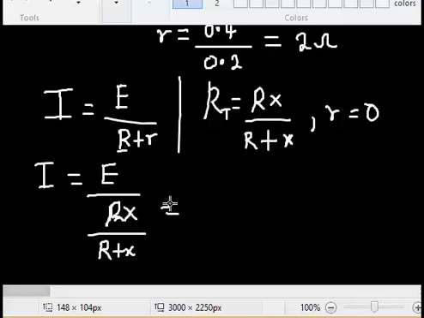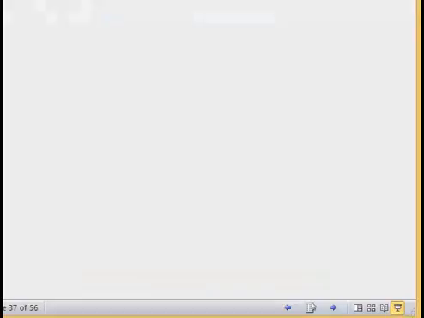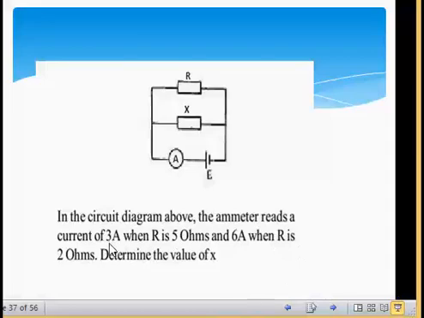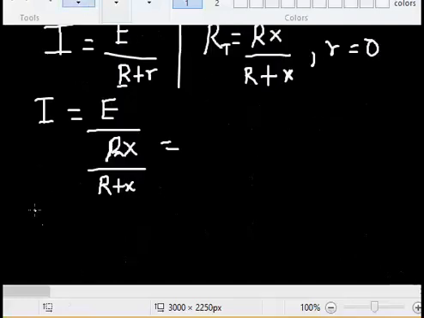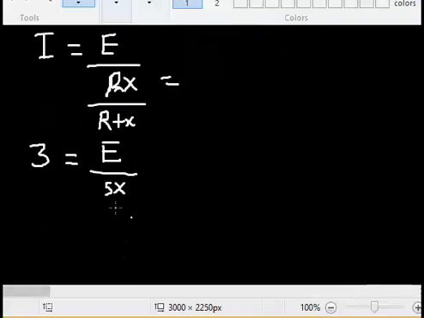Having done this, now let's go to the question. So when I is 3 ampere, capital R is 5 ohm. Let's establish that when I is 3 ampere, I have E, R at that point is 5 ohm, that is going to be 5x divided by 5 plus x.